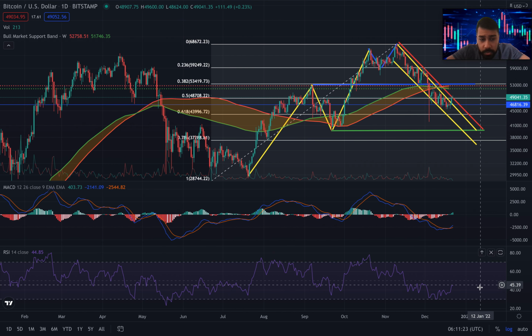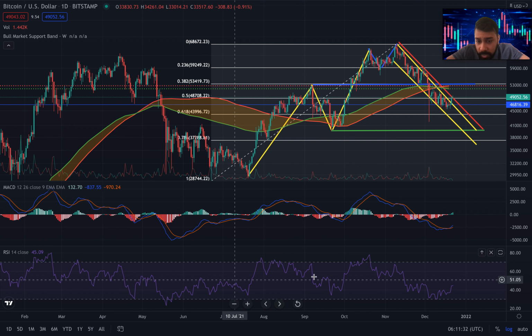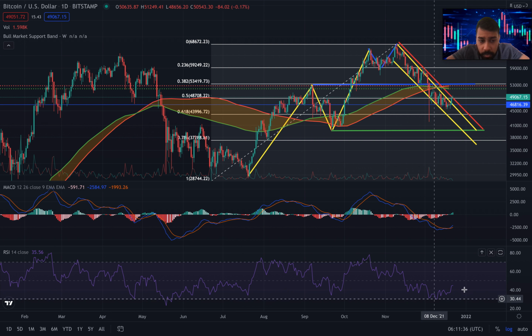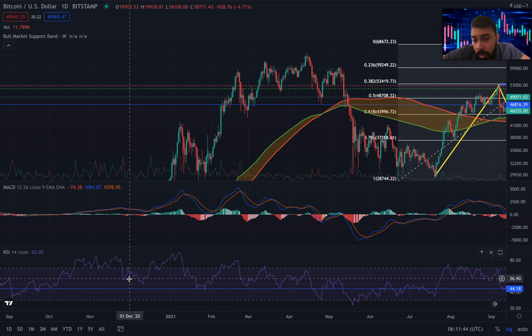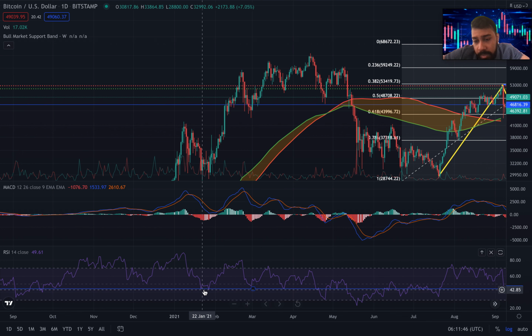RSI wise, right now we can see we are at 44.85. If we go to 50, we can see 50 has been resistance here. However, if you draw a line exactly where we are right now, you can see during our leg ups how much support this line has actually held.